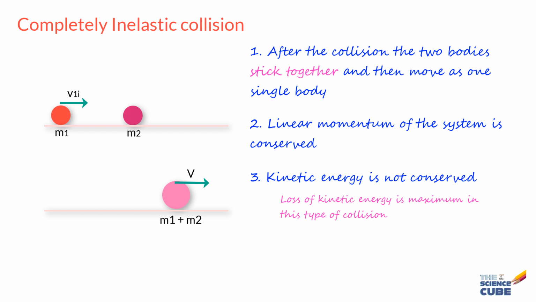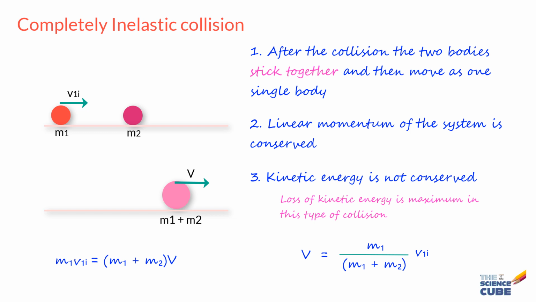So what we have here are two bodies, and we see mass m2 initially at rest, and after the collision, mass m1 sticks with mass m2 and the two masses move with a common velocity v. So if the linear momentum of the system is conserved, we can write m1 v1i, or initial, is equal to (m1 plus m2) V final, or the capital V, or V is equal to m1 upon (m1 plus m2) into v1 initial.